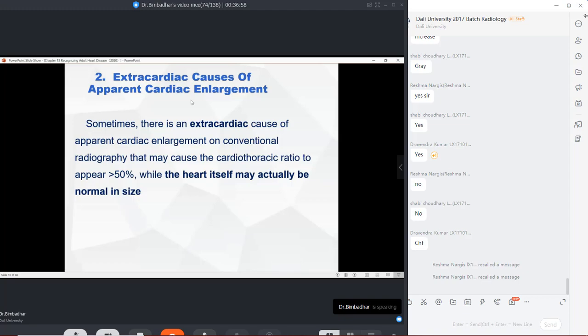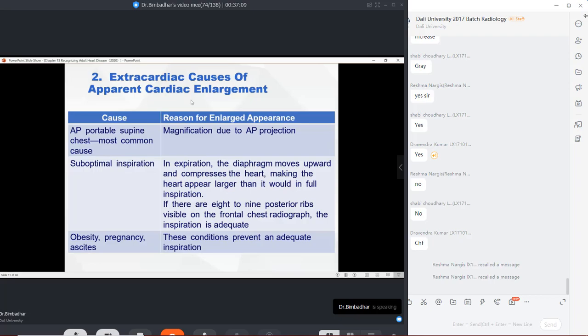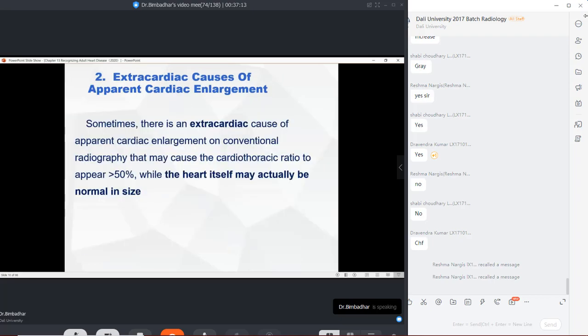That's the reason this is called an apparent cardiac enlargement. So we cannot do it. And you have to remember one thing: a pericardial effusion will look like a water bottle configuration.